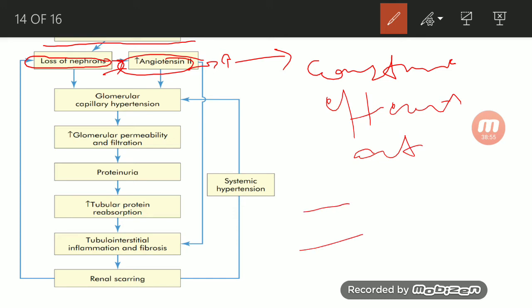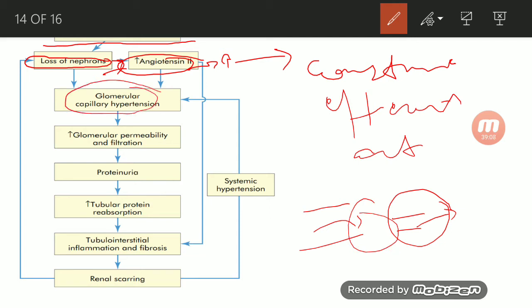This is the afferent, this is your efferent, blood bringing in, blood going out from your glomerulus. Whenever there is constriction of efferent arterioles, your pressure is going to increase. So there is glomerular capillary hypertension. Even if there is loss of nephrons, other nephrons present in your kidneys will be receiving more amount of blood.